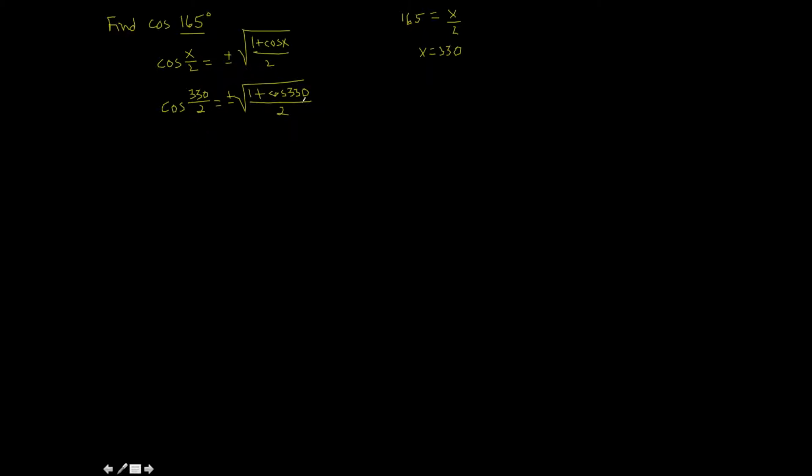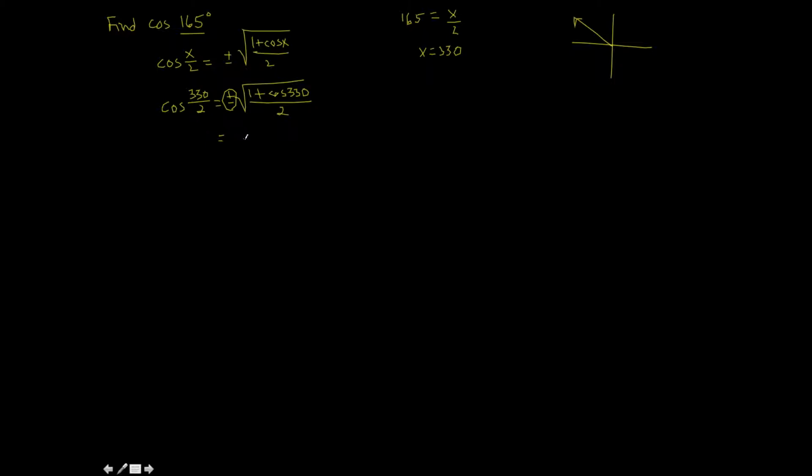Okay. Now, notice this plus or negative here. Where is 165 degrees? 165 degrees is in here. So cosine in that particular quadrant is going to be negative.